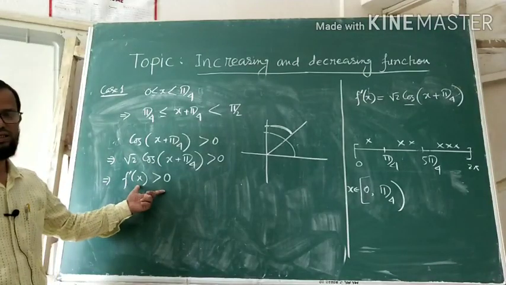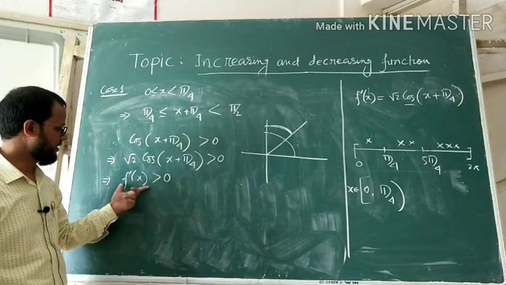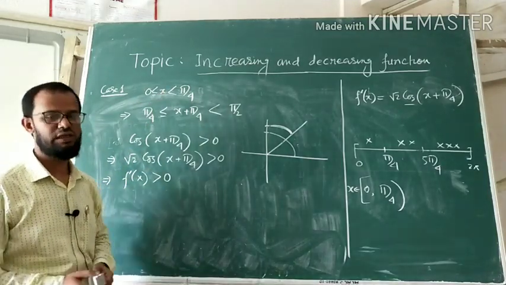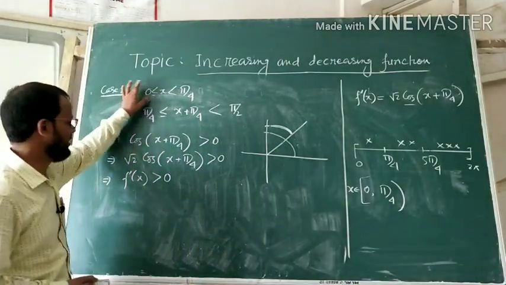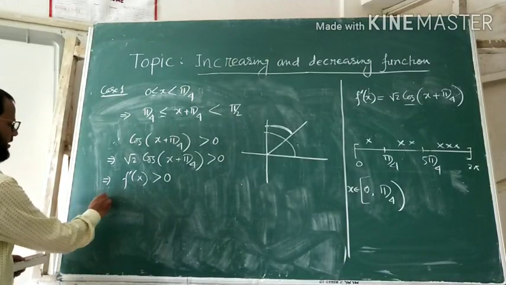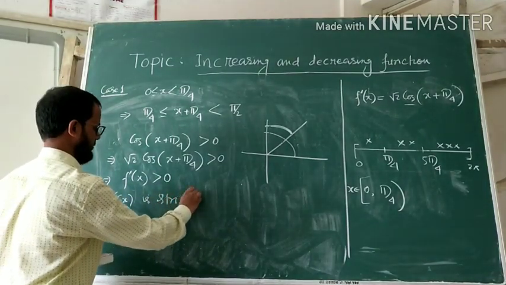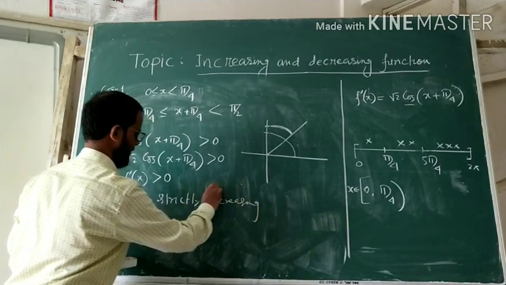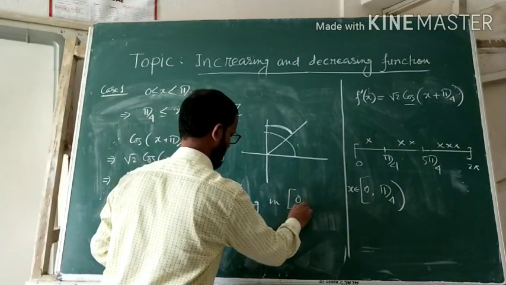So f dash x is greater than 0 in this interval. That means f of x is strictly increasing in this particular interval. So you can conclude that f of x is strictly increasing in this interval.